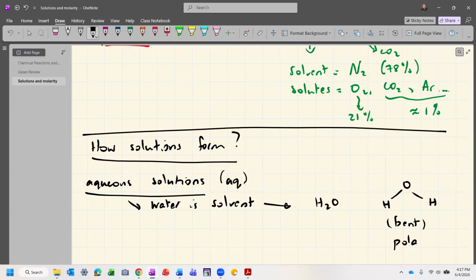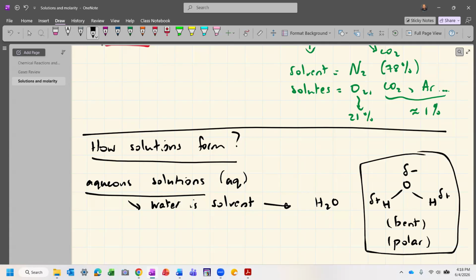Water is polar as a result of the differences in electronegativity and based on the shape of it as well. So the O here is going to have a slight negative charge. The H's are going to be slightly positive as a result. Okay, so you would have seen that before when you looked at covalent bonding in Gen Chem 1.